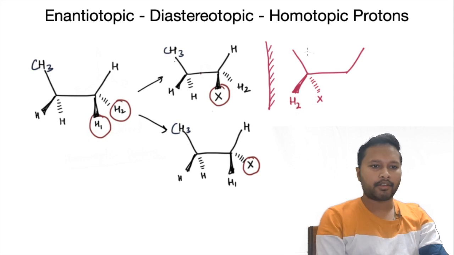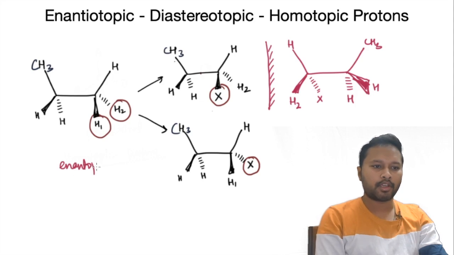And this is H, and we have CH3 over here, and then we will have hydrogen and the other group. Now you can see that these two molecules are the same. So the relation between these two is what? Both of them are mirror images of each other, or you can say that both of them are enantiotopic protons, okay?